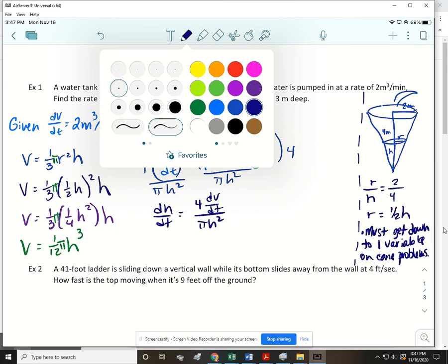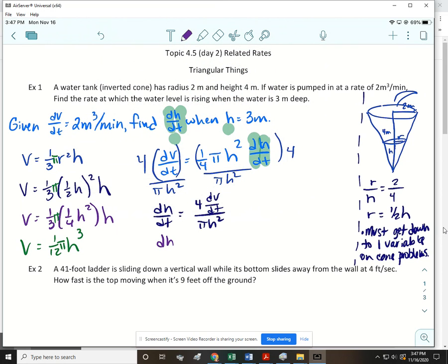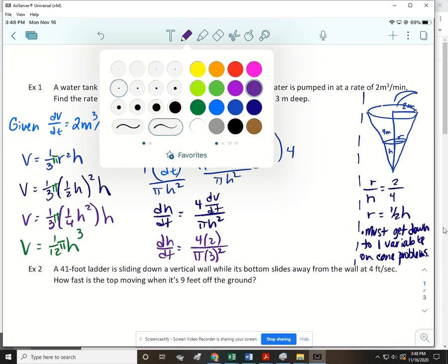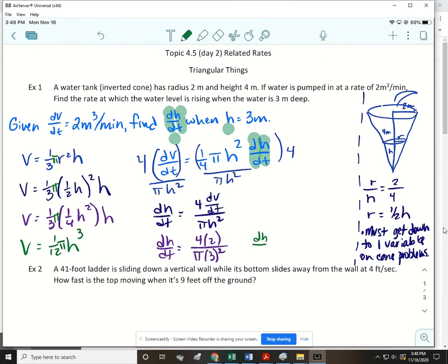Okay, now we're ready to plug everything in. Okay, so the height is changing at a rate of whatever 8 over 9 pi is, in meters per minute.